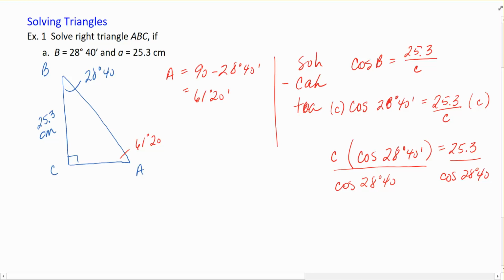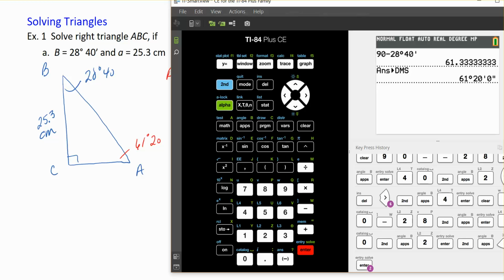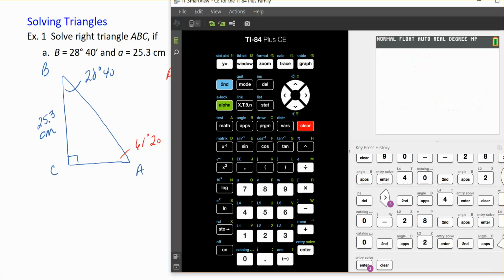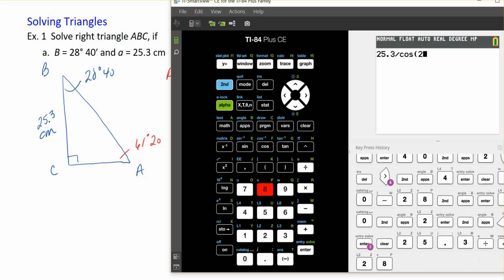And now that's going to leave me with C on the left, and I'm going to let the calculator take care of what was on the right. So we'll pull the calculator up. I'm going to take 25.3 divided by the cosine of 28 degrees 40 minutes.